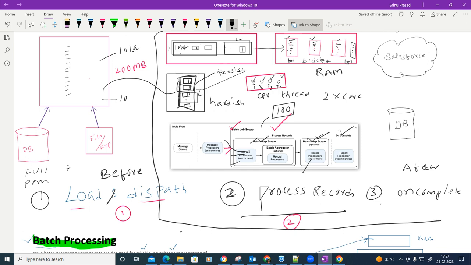You can mention how many records it's fine to fail. For that, there is a configuration called max fail records. If you configure a number, like okay, for my 10 million records, if 20 records fail also, that's good, then you can configure it like that.